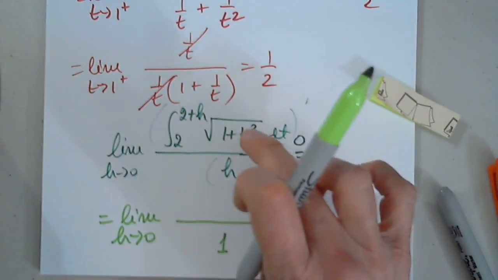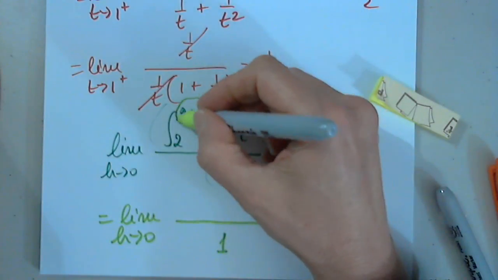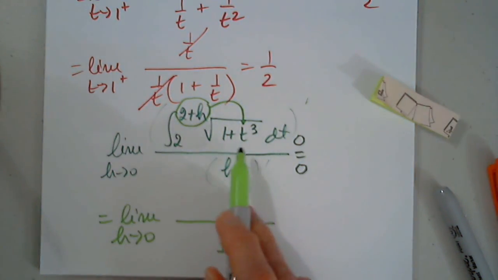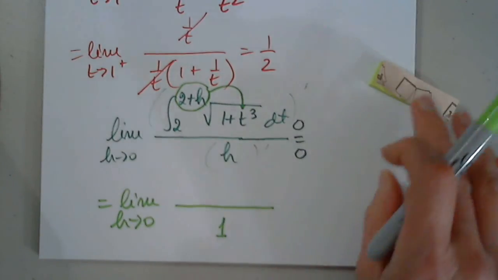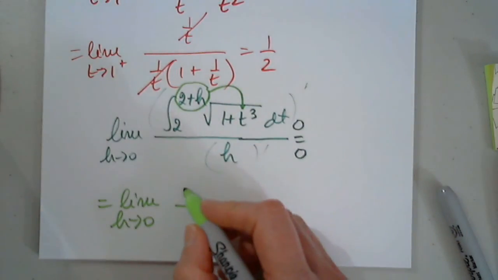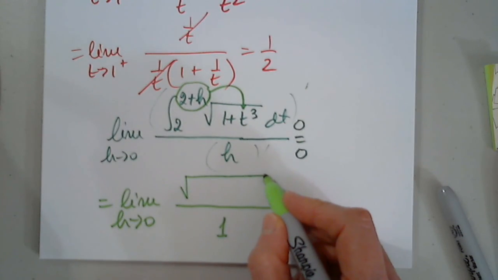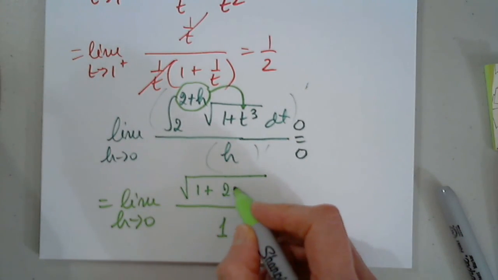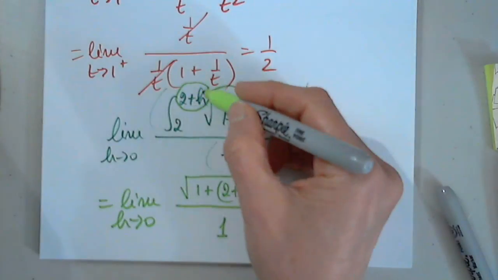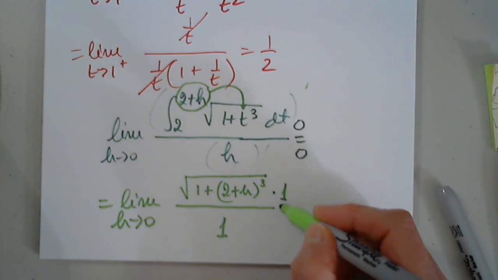So it goes away. Yes. So I get the function, but remember, you also had an example of differentiating a function in the form of an integral further up the road in the test. So I have to write the square root of 1 plus 2 plus h, everything to the third, times this prime, which is 1.